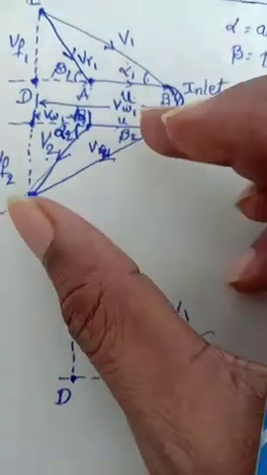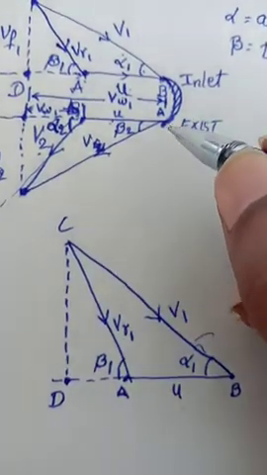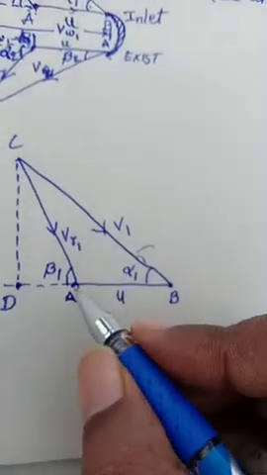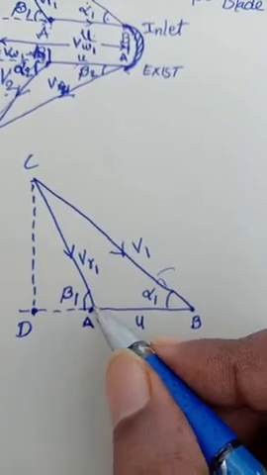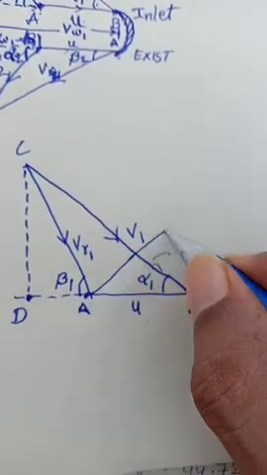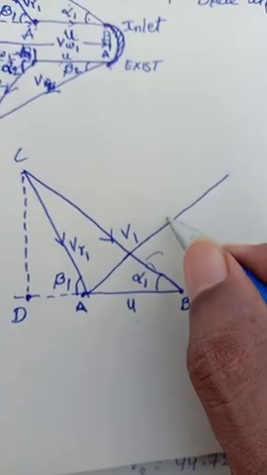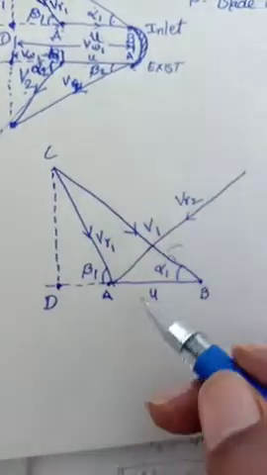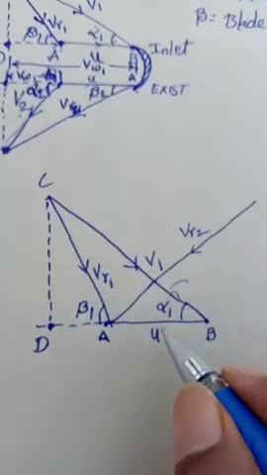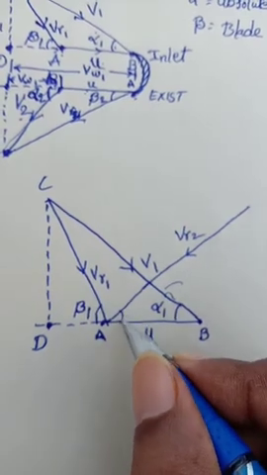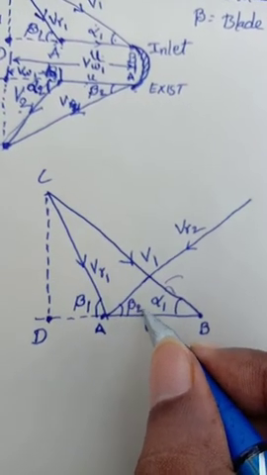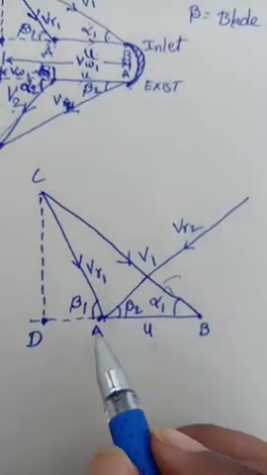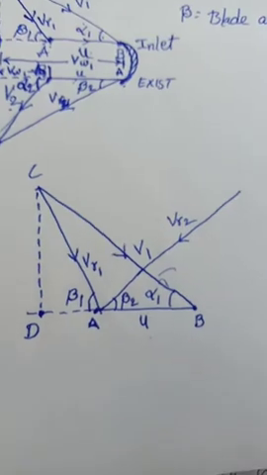Now to go to the inlet velocity diagram, as it is we can draw, and look at this, A2 dash VR2. Now you can draw this VR2 directly. It will go like this, VR2. I will draw like this. Okay, and now what is the angle in here? Beta 2 is the angle between this relative velocity and blade velocity.